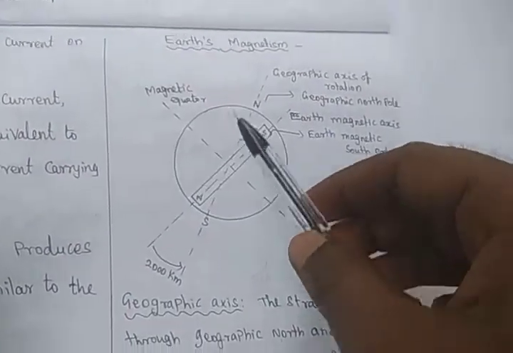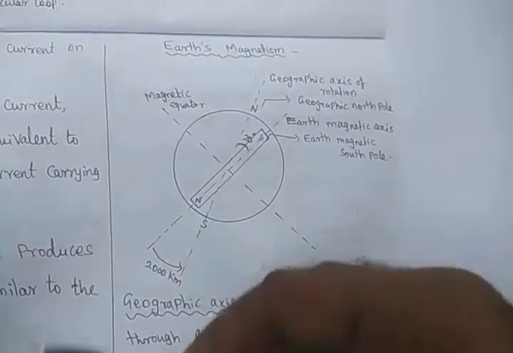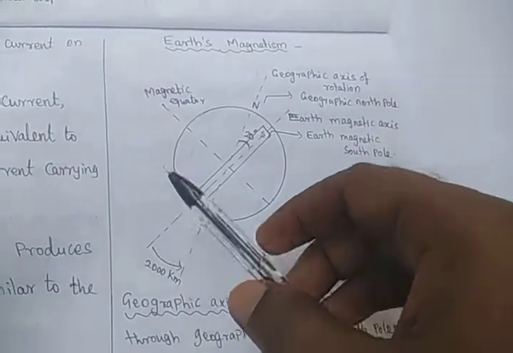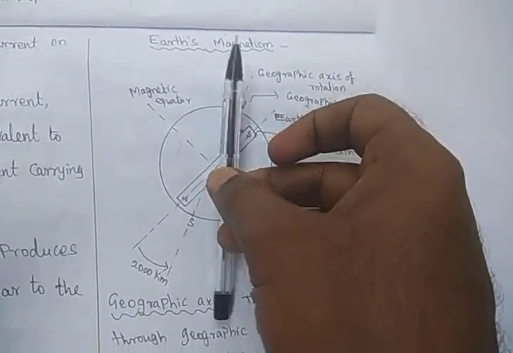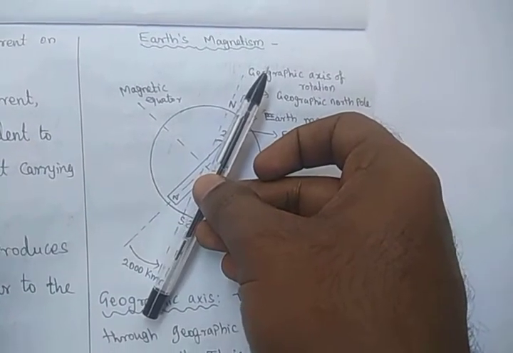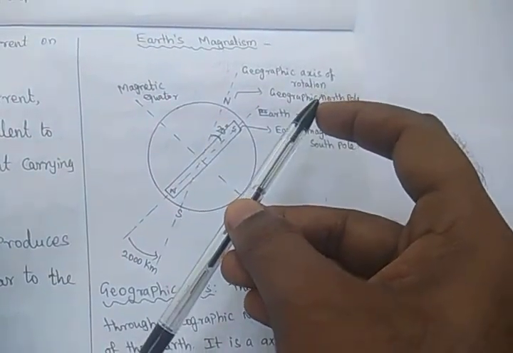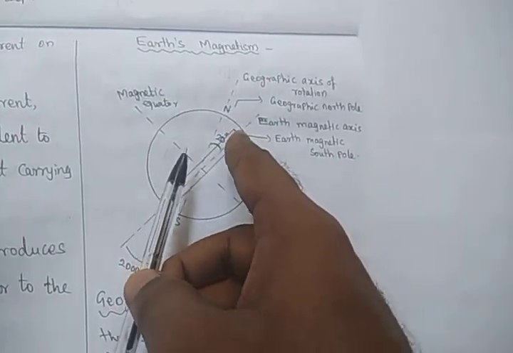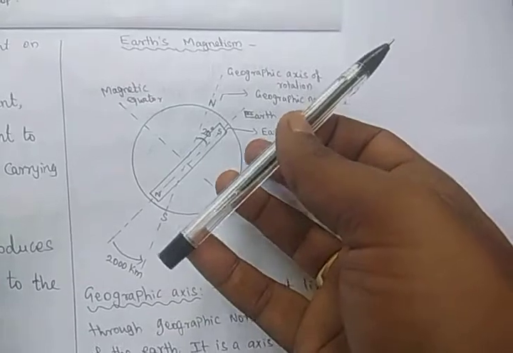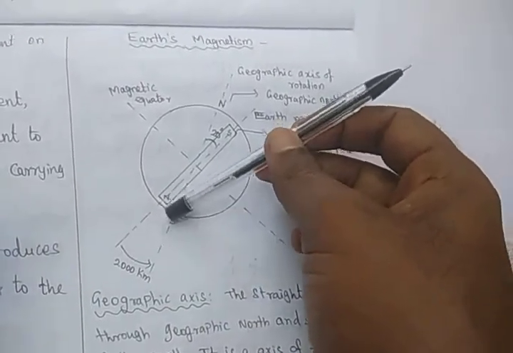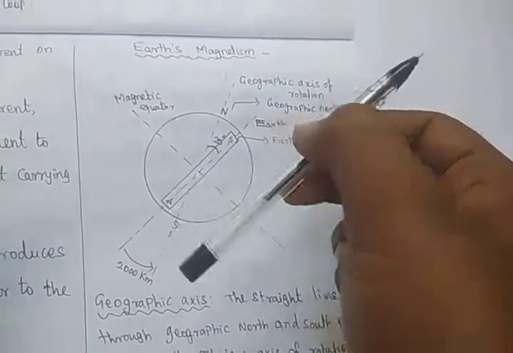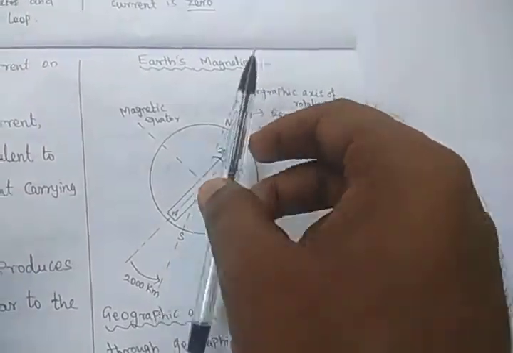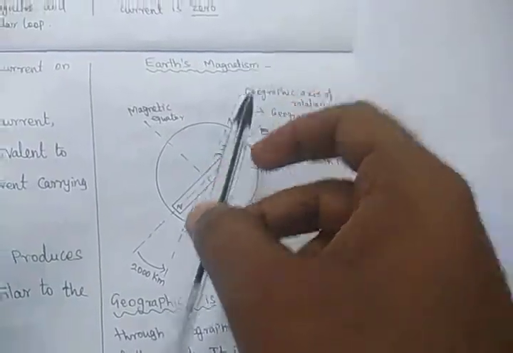The earth's magnetic south and north poles lie along the geographical north and south poles. That is why when you suspend a bar magnet, it always comes to the north-south direction, because the north pole of the suspended magnet is attracted by the earth's magnetic south pole, and the south pole of the suspended magnet is attracted by the earth's magnetic north pole. So by this, the suspended magnet always comes to the north and south direction.